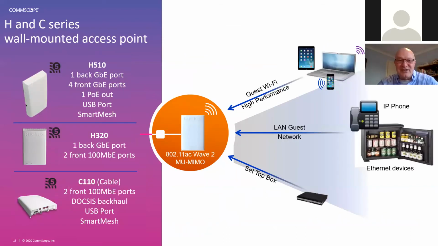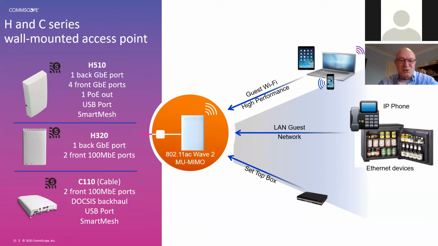Hospitality is next. So the R510, a big seller within hospitality environments. Again, the wall mount, data point mounted unit with a gigabit port for the backhaul, and then Wi-Fi 5, but also 5 gigabit ports to be able to plug devices into, a USB port as well for plugging in an IoT radio, Zigbee or Bluetooth, and the capability of doing meshing.